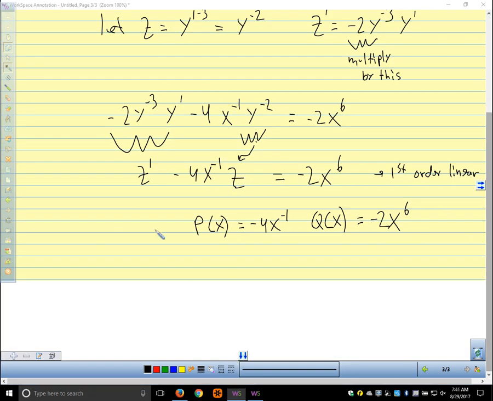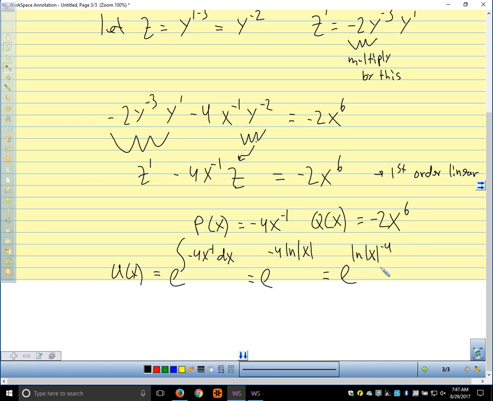All right, so now we can find our integrating factor for this equation. So u of x, our integrating factor, is e to the integral of minus 4x to the minus 1 dx, which, when I integrate this, is e to the minus 4 natural log absolute value of x, which is e to the natural log of absolute value of x to the minus 4.